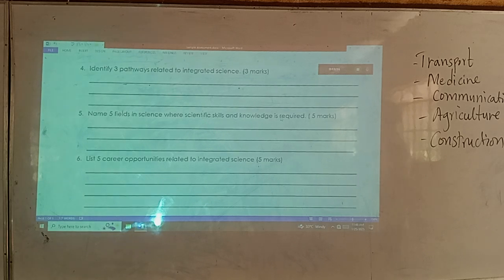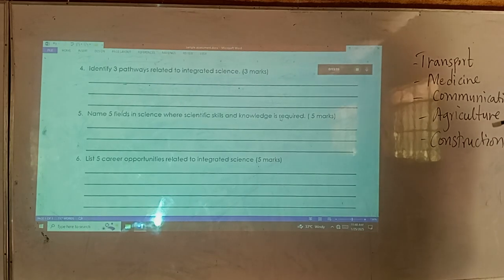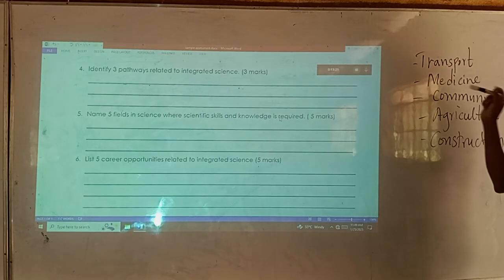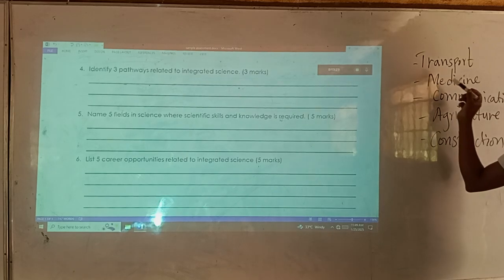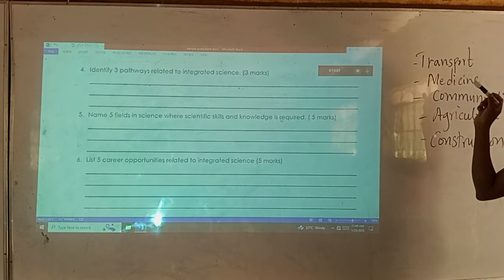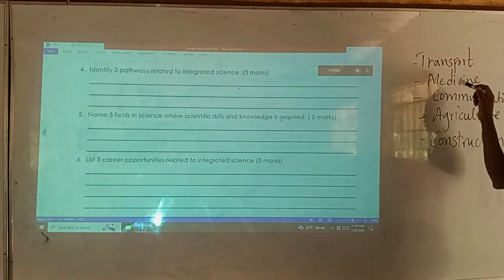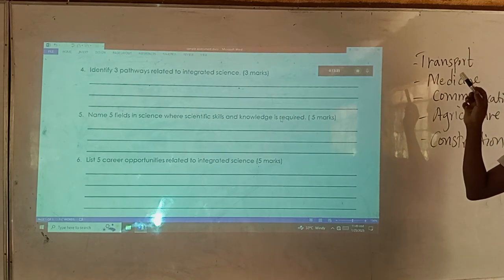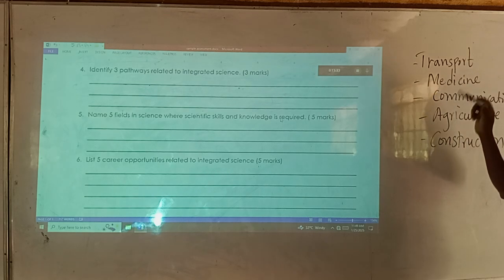Very good. Invention of machines which are used in the medical field, yeah? Like electrocardiograph machine, ECG. Then there's also X-ray machine. They are also used in medicine.